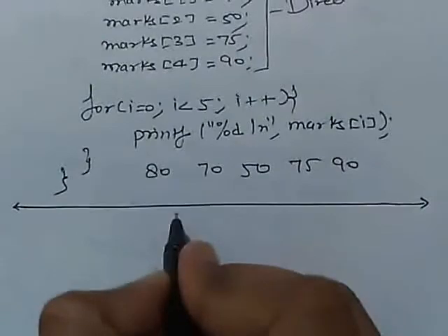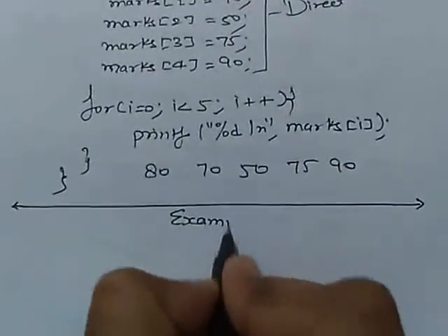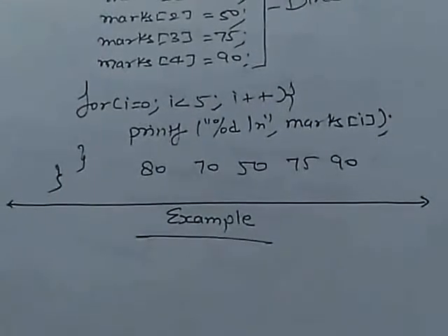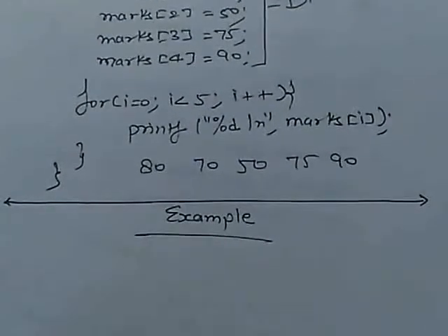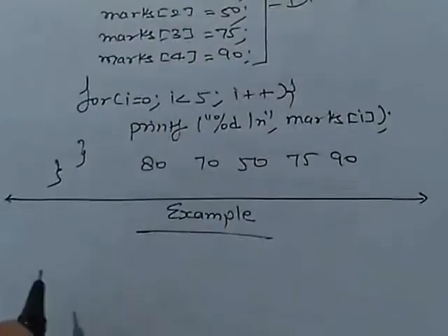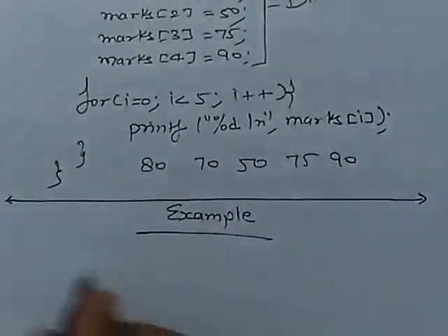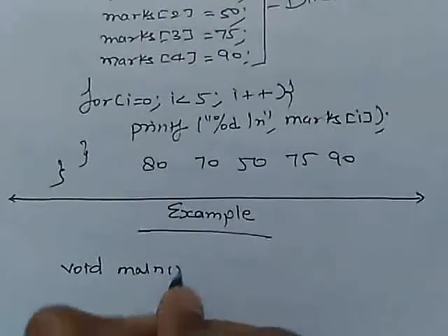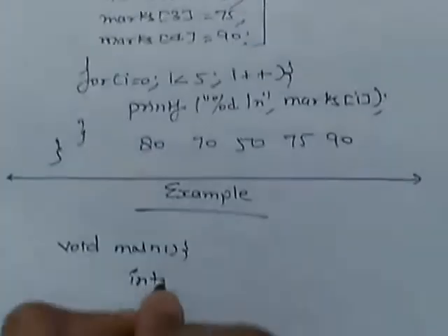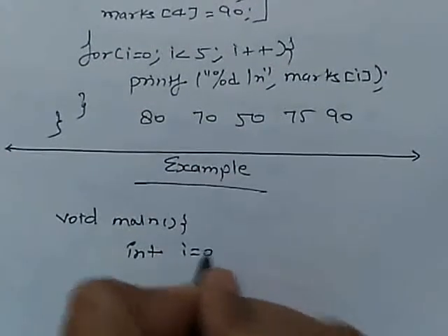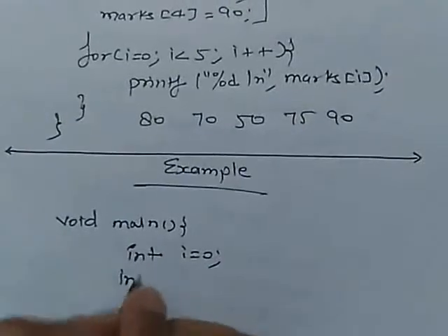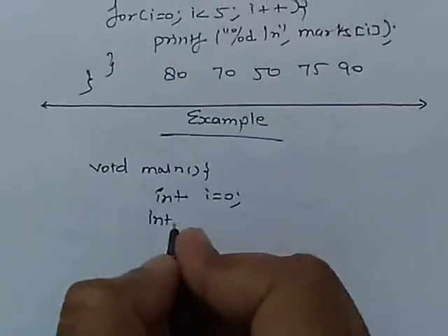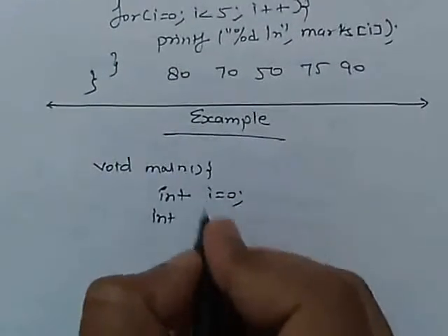Now let us take another example in which we are declaring and initializing array in one statement. So we will modify the above program like that. First, include a file. We have to create a main function. Inside the main function, take a variable i, and here we are initializing and declaring the array in one statement. Let us see.